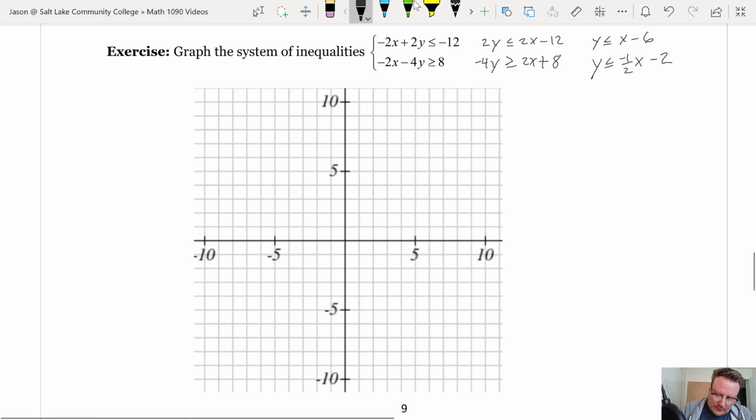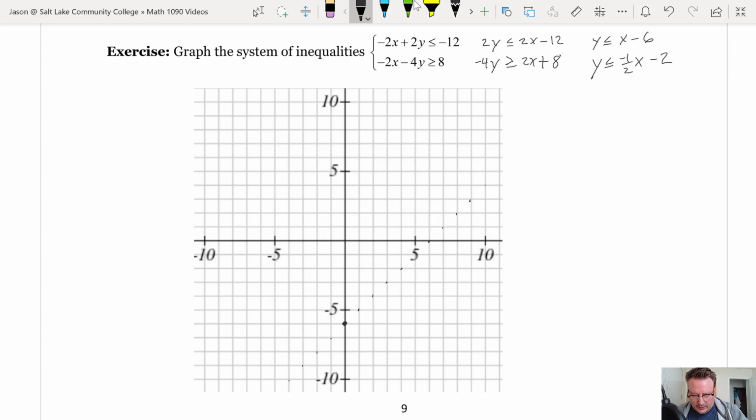Okay. Let's graph the first inequality. I want to graph the line y equals x minus 6. So that has a y-intercept down here of minus 6 and a positive slope of 1. So these points, and continuing off in this direction here.